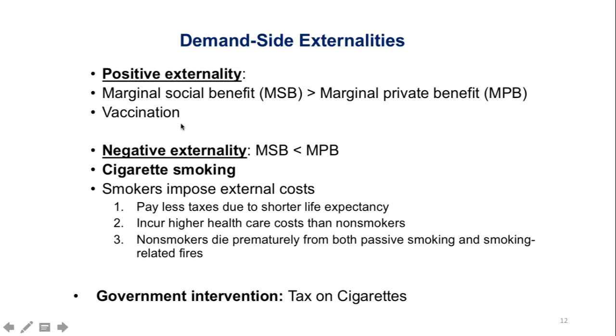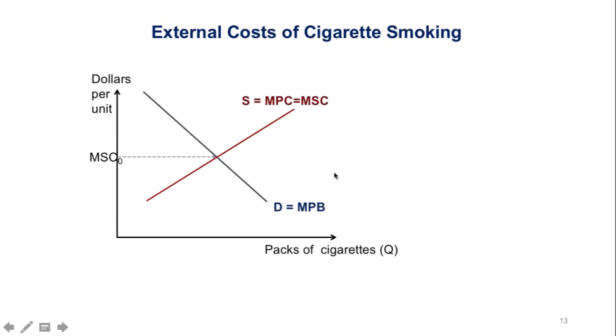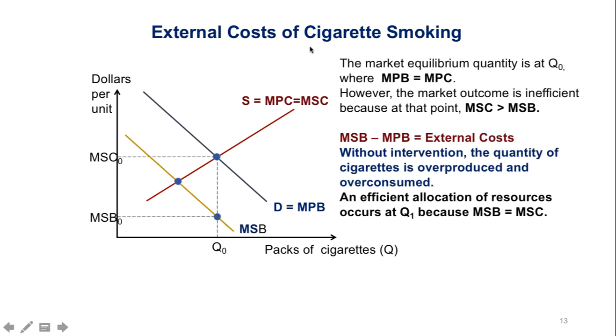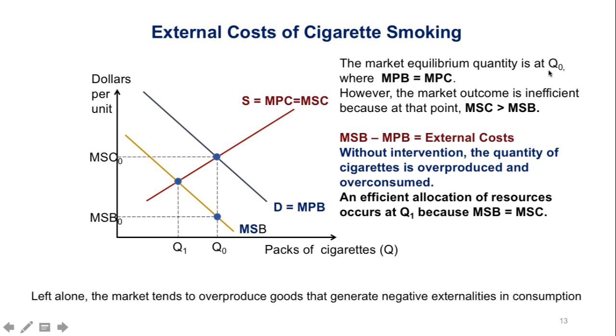There are two types, positive and negative, and the government can intervene and shift the demand to the left and right if the individual's demand is not equal to the society's demand in terms of benefit. So graphically, for the external cost of cigarette smoking, the market equilibrium quantity is determined at the quantity Q0, where the marginal private benefit is equal to the marginal private cost.